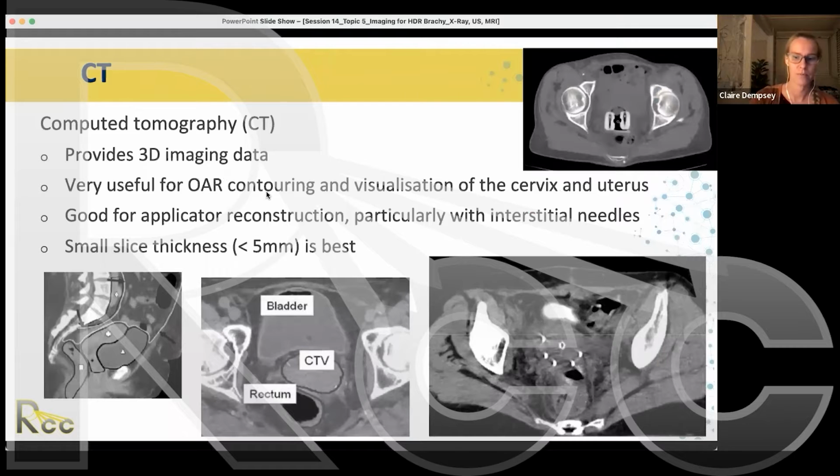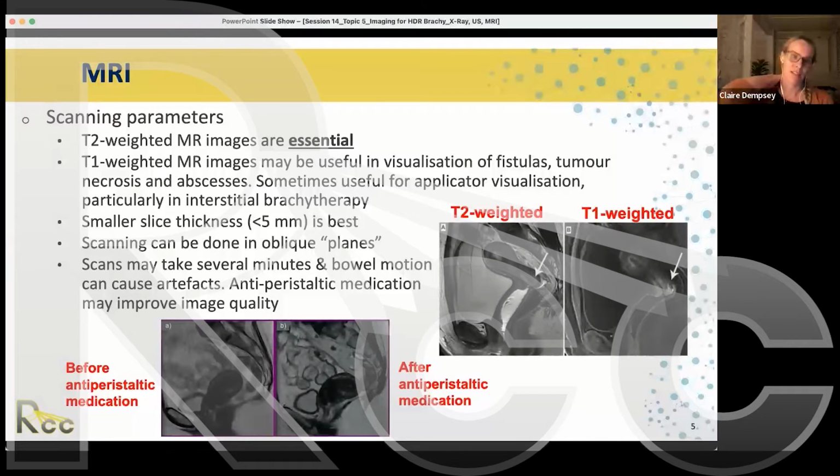When we're looking particularly at 3D data sets like MRI and CT, what we need to look for is a smaller slice thickness when we're doing our scans. Less than 5 millimeters is best, and actually probably 2 millimeters or 1 millimeter is the best if you can manage it. The reason we want smaller slice thicknesses is so that when we reconstruct our treatment applicator inside our patient, one of the most important things is finding where the tip of that applicator is.